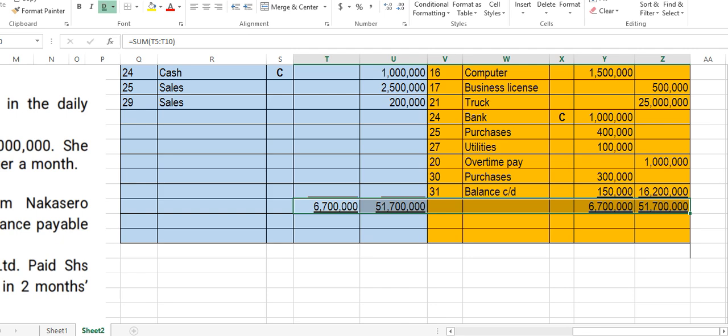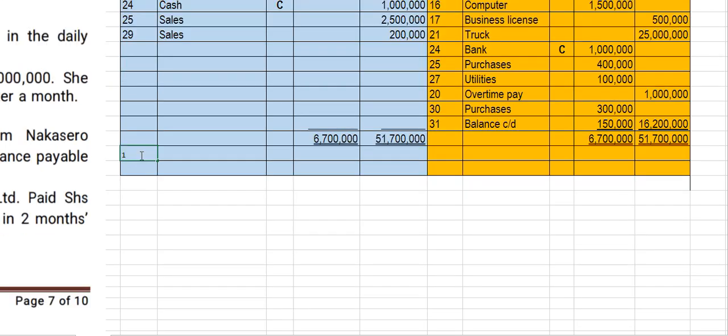So on first Feb, we have balance brought forward. We have a balance brought forward. For cash, it's 150, and then for bank.